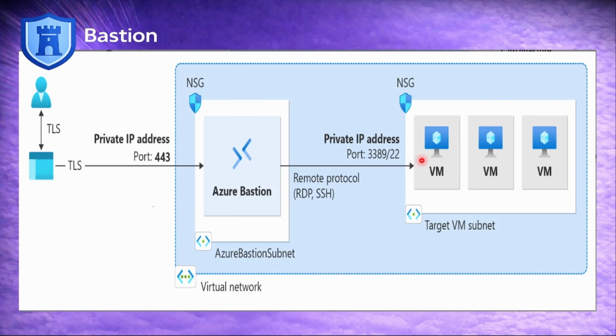So instead of connecting directly to the VM, users connect to Bastion through the Azure portal over HTTPS on port 443, and that connection is secured with TLS. Bastion itself runs inside the virtual network in a dedicated subnet called Azure Bastion subnet.